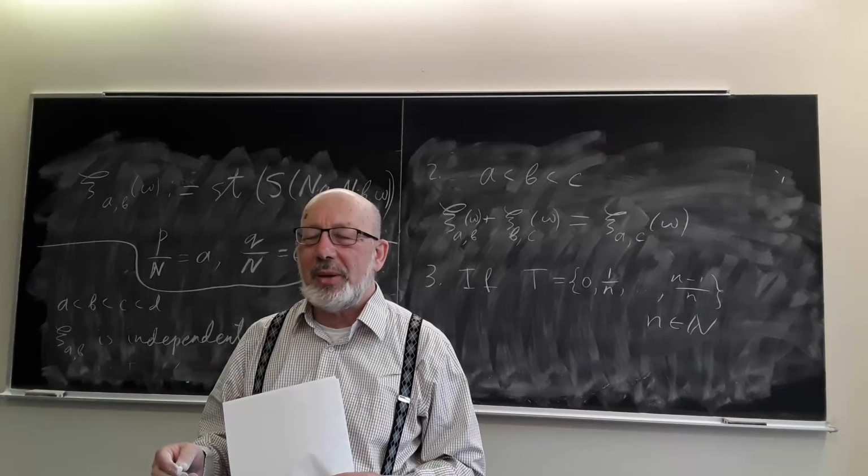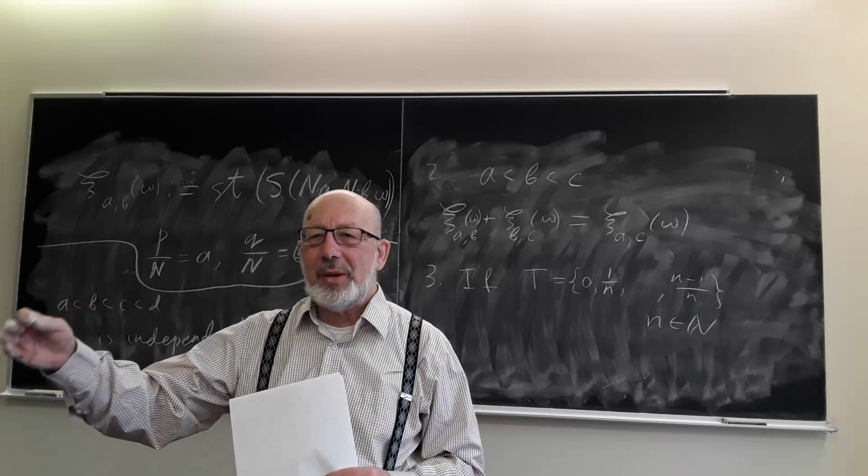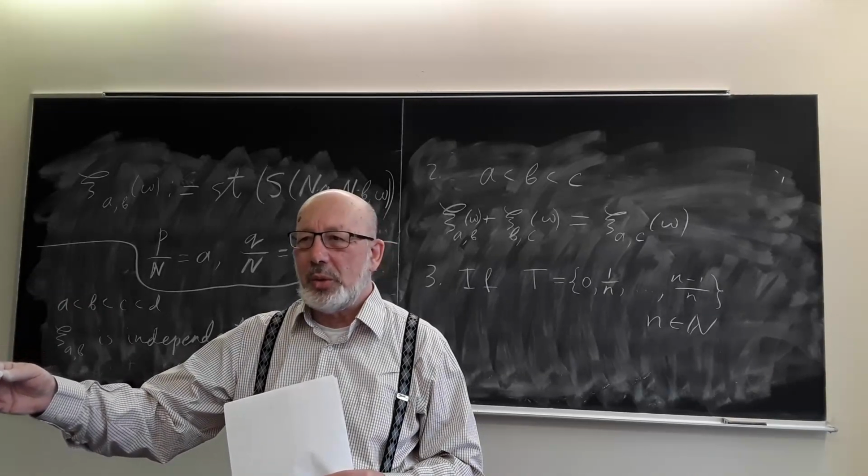We can find the probability that this sum is exactly a given number. It is given by the binomial distribution.